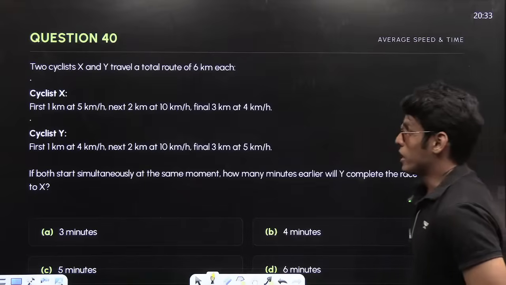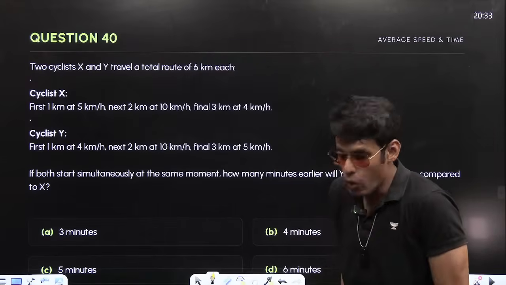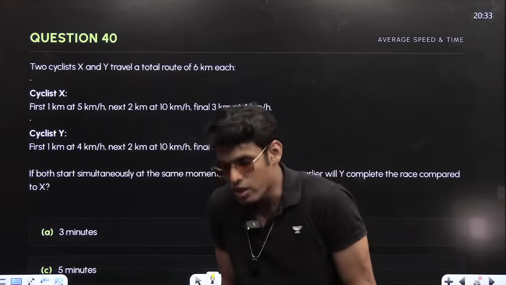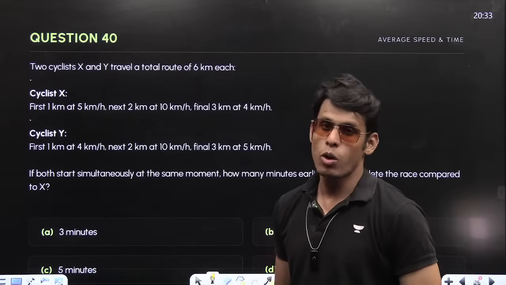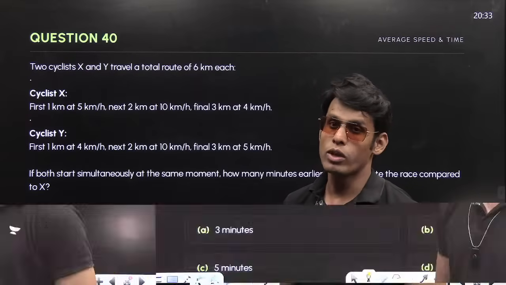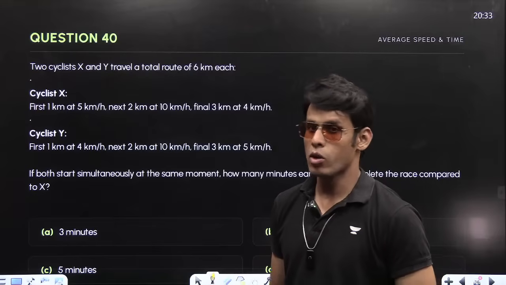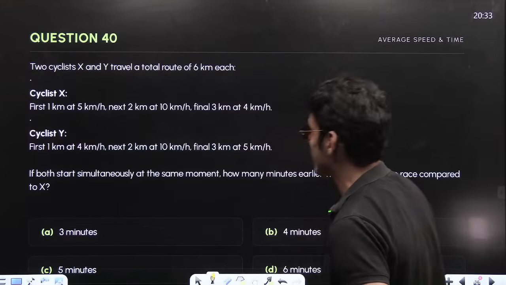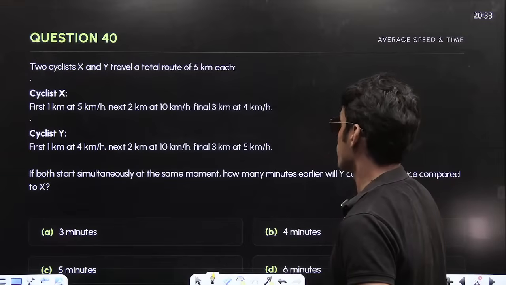Problem number 40. Two cyclists X and Y travel. Now, if you had seen my session on UPSC English, I specifically covered the concept of this problem, and I told you that one of the problems will come which has relative speed as one concept. So two cyclists X and Y travel a total route of 6 km each.